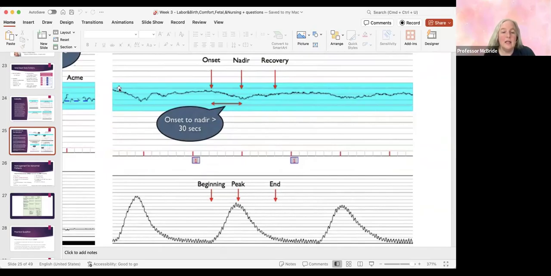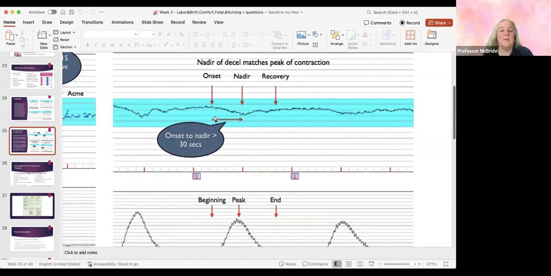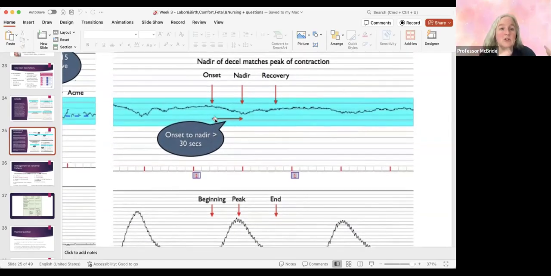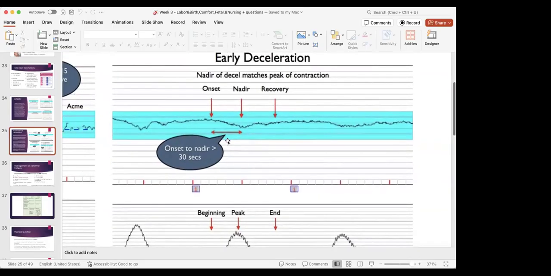These are taking a little bit longer to get to the baseline, and they're a little more wide. If it happens at the same time, that's your keywords. That's your little cheat. If you see those words, it happens at the same time, or it mirrors the contraction, this. Anybody know what causes this one?